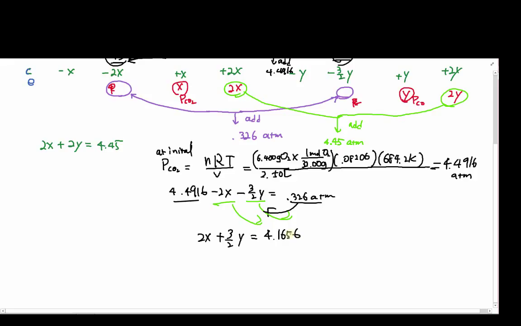Okay, I'm gonna keep extra digits. I'm gonna round at the end, so don't worry too much about that. So this is our second equation, along with our first equation.